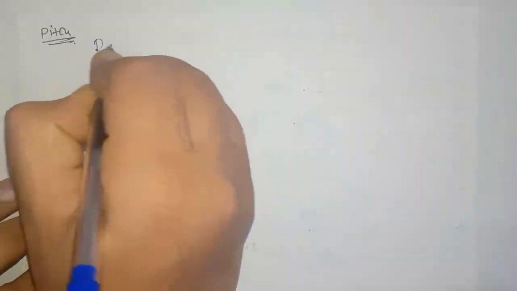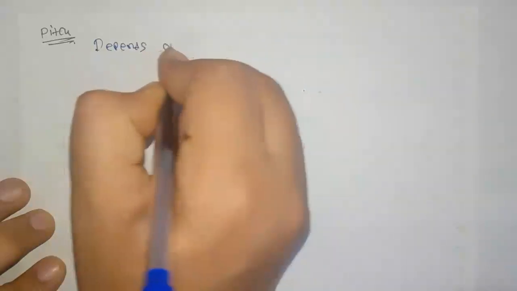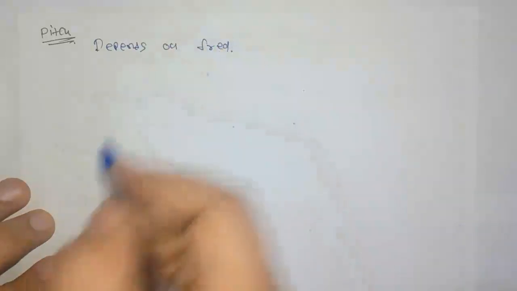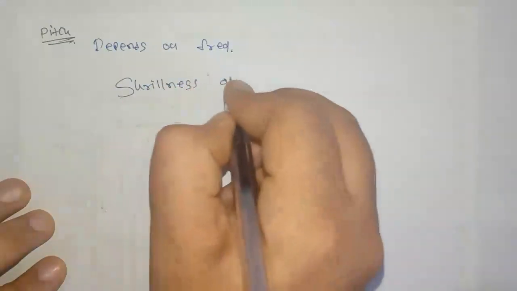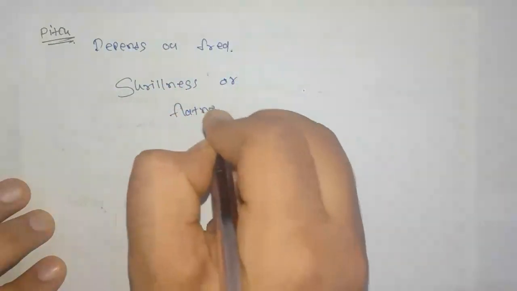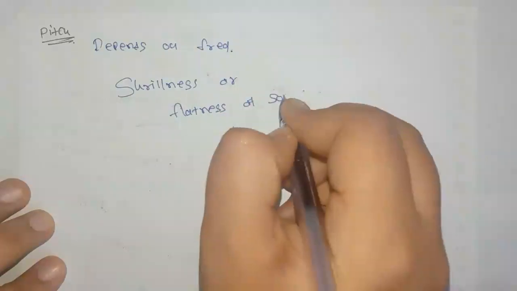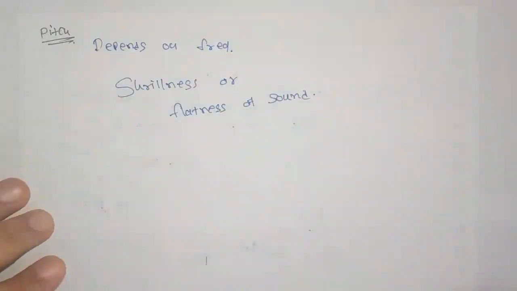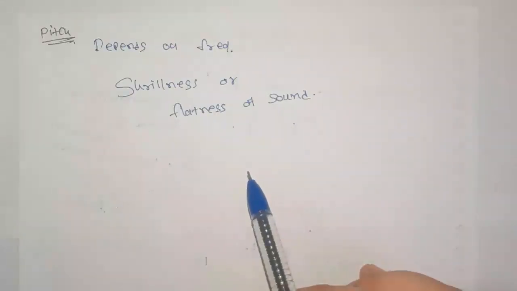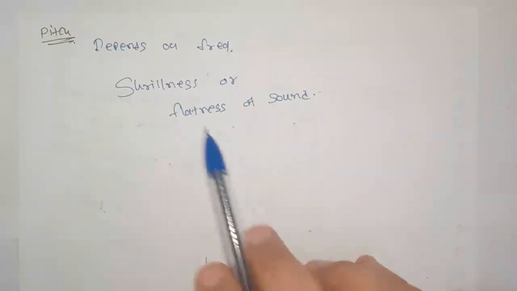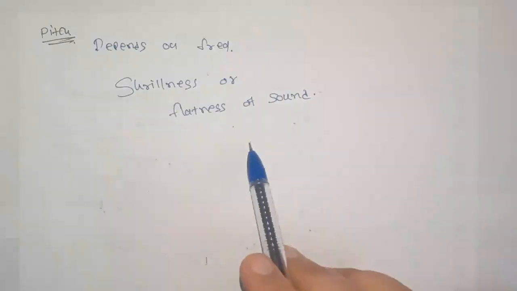The next quantity is pitch. Pitch is related to frequency. That means pitch depends on frequency. It will decide the shrillness or flatness of sound. The meaning of shrillness or flatness is, most girls have a shrill sound compared to boys' voices.